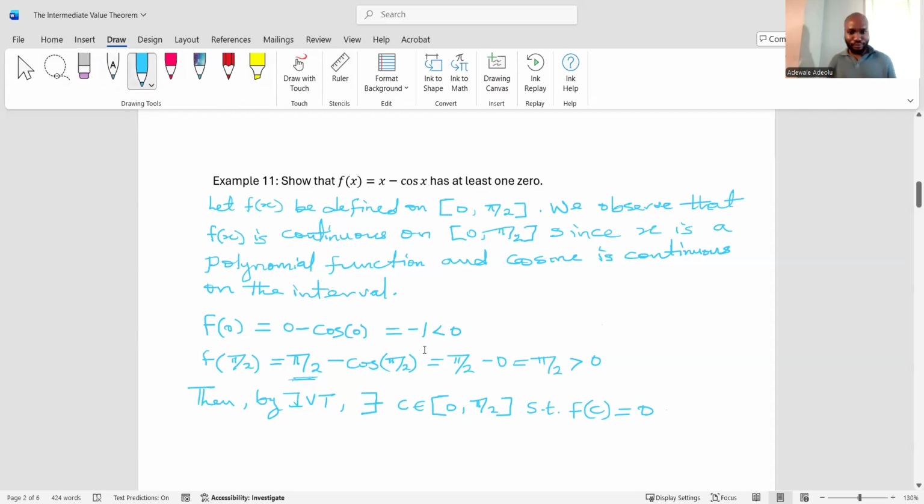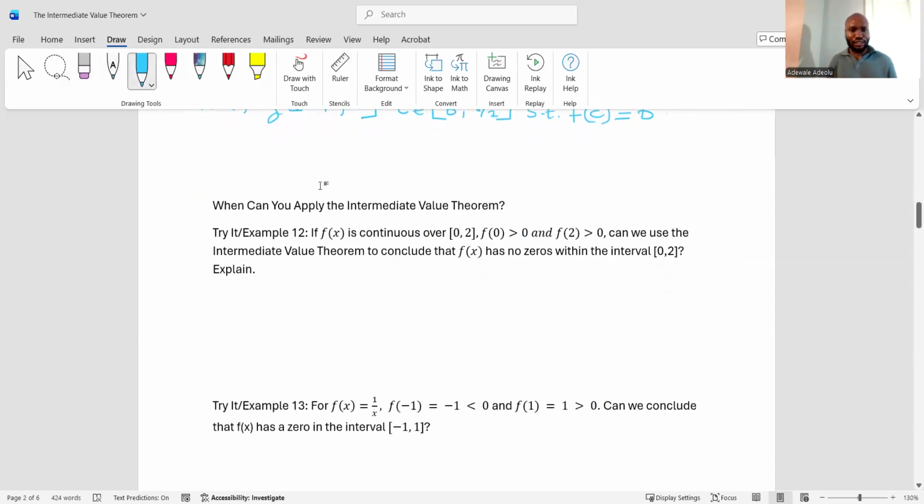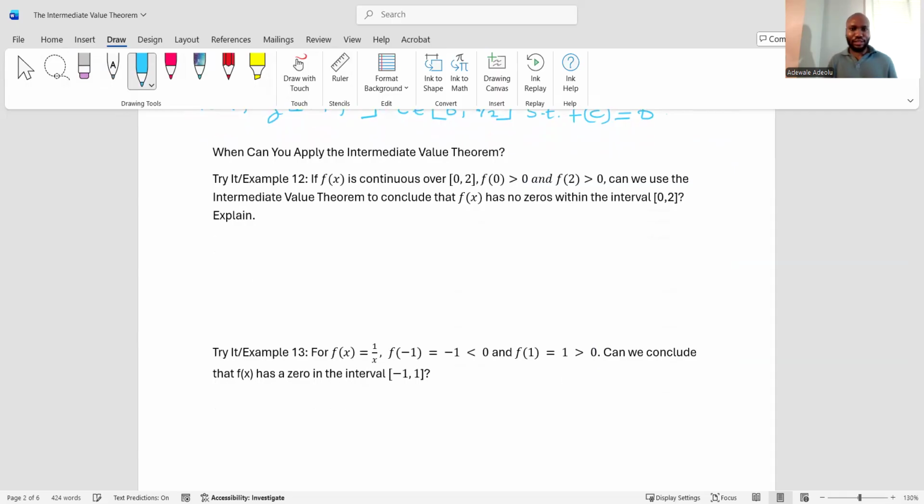Moving on, let us take a look at some further application. When can you apply the IVT? This is a try it for you, but let's work it together.